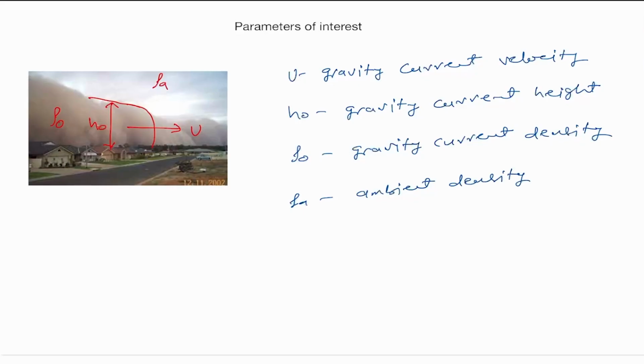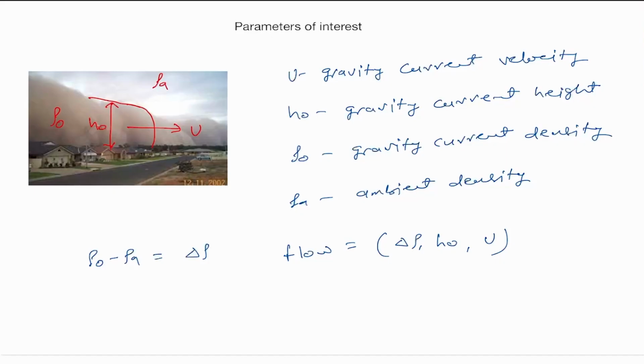So basically this flow that is happening will be because of rho naught minus rho a, so that is basically delta rho. So flow will be basically a function of delta rho, h naught, and u. So these three parameters will be affecting the flow one way or the other.